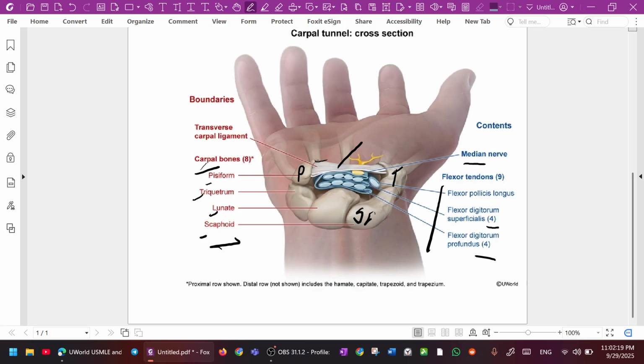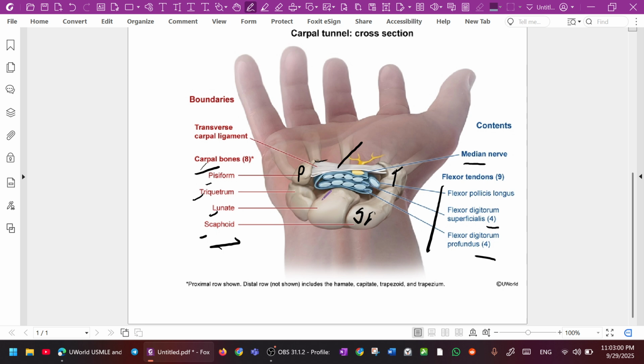Okay, if we look at the pathophysiology of carpal tunnel, the boundaries are rigid: hard bone and fibrous ligament. There is little room for expansion. Therefore, any process that increases the volume of the tunnel contents or reduces anatomic size can elevate intratunnel pressure, resulting in median nerve compression.